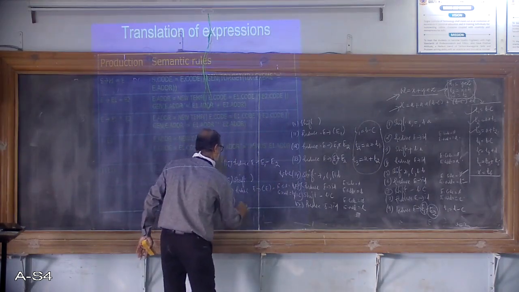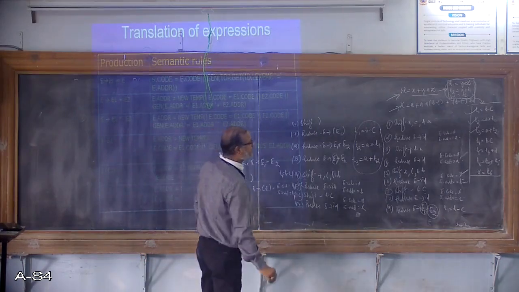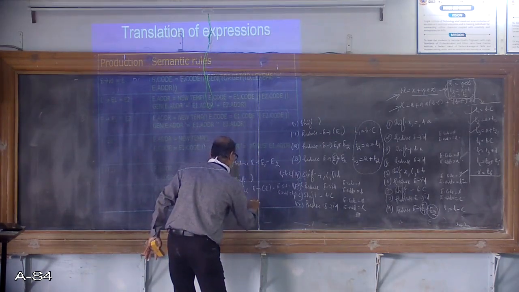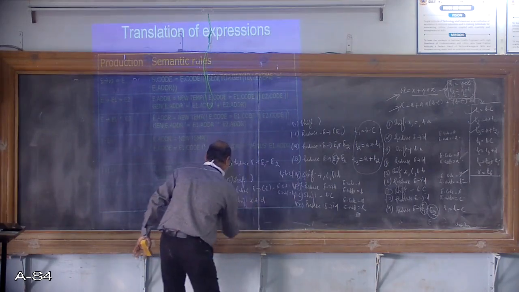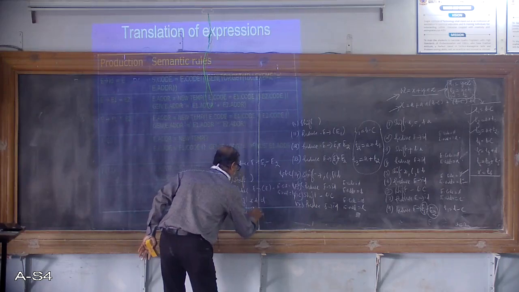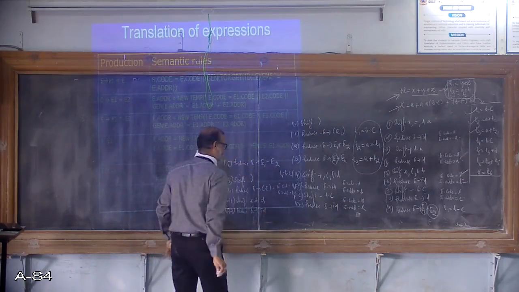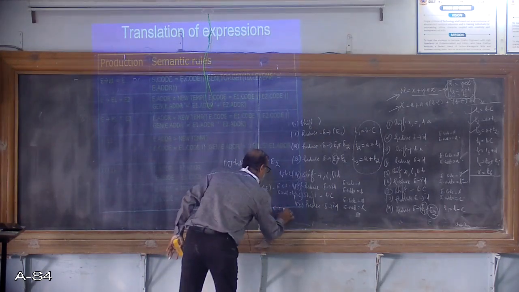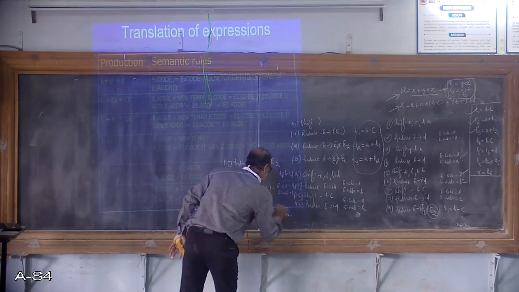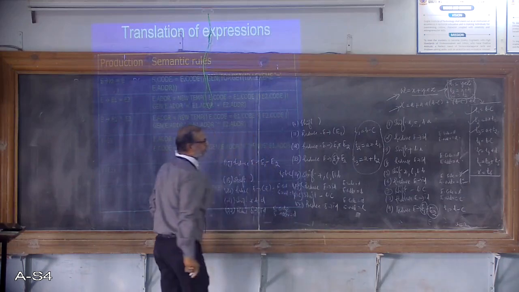So next is shift star and D. 21st, second step, reduce with production E derives ID. So here E.code is null, and E.address is the instance of an ID which is D here.